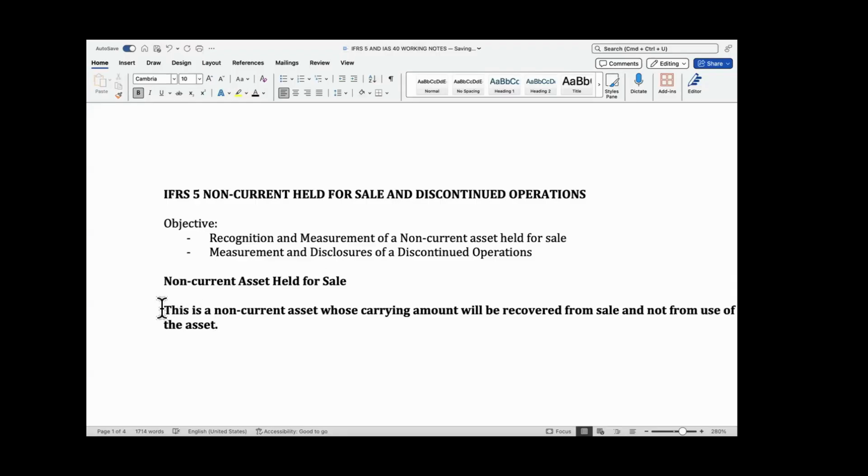So when an entity has the intention that this asset, he wants to sell it, then that asset becomes a non-current asset held for sale.